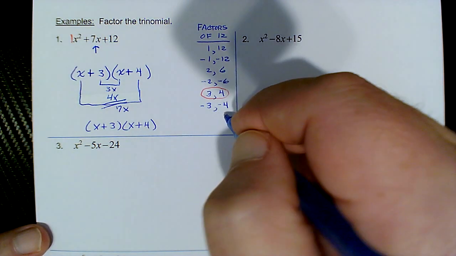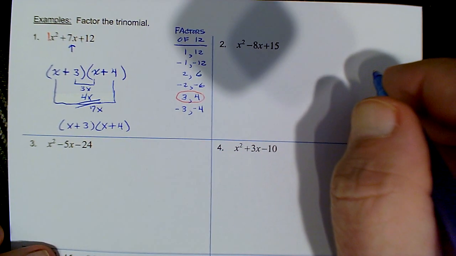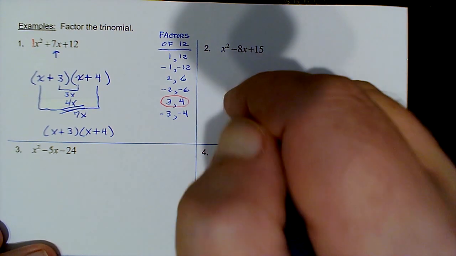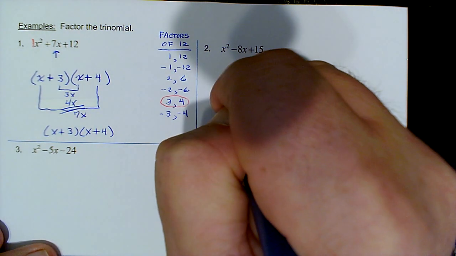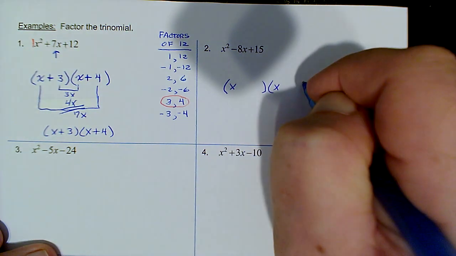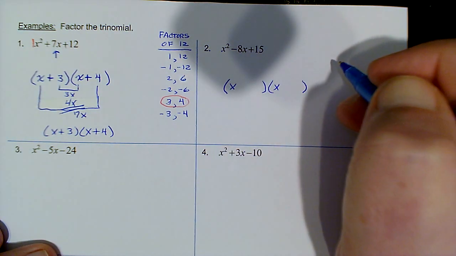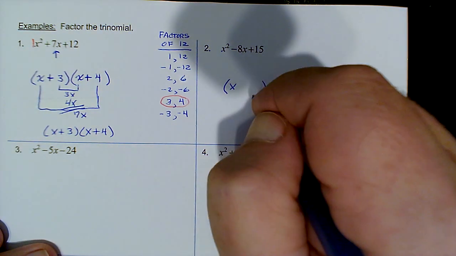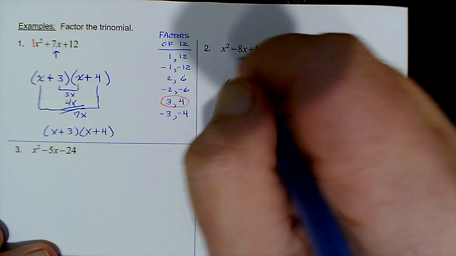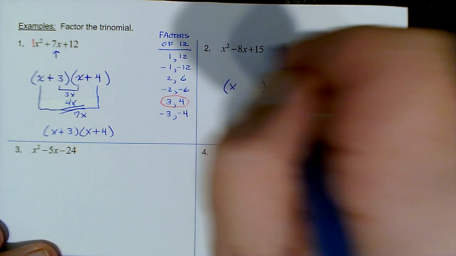Alright, now this factor thing works well, but I like to think about how we force the first terms, x and x, and then we calculate the product of the inners and the outers. Combine those to give us -8x.